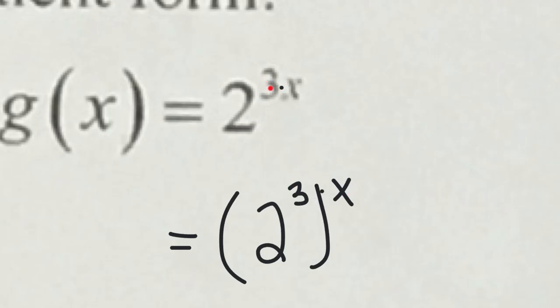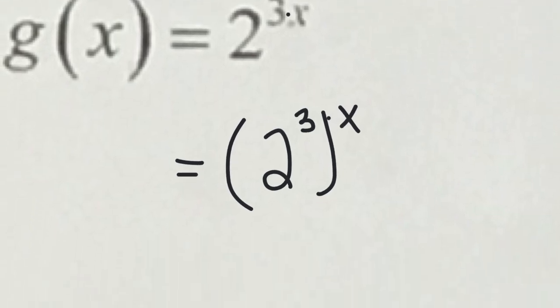Okay? So we're basically putting parentheses around our 2 cubed. So what is 2 cubed? 2 times 2 times 2 is 8. So this is the same thing as 8 to the x. So notice we no longer have a horizontal dilation. We just have a normal exponential function through algebraic manipulation.